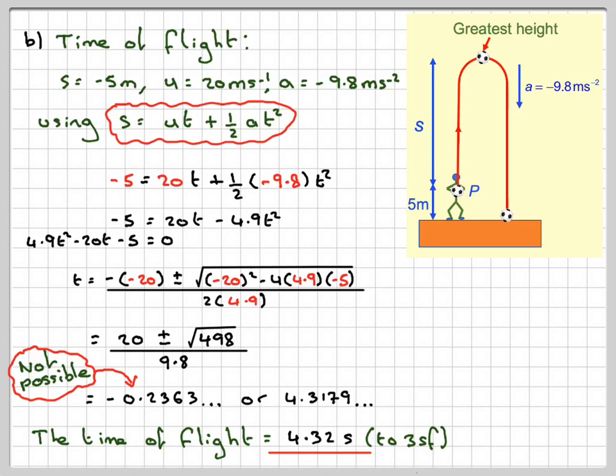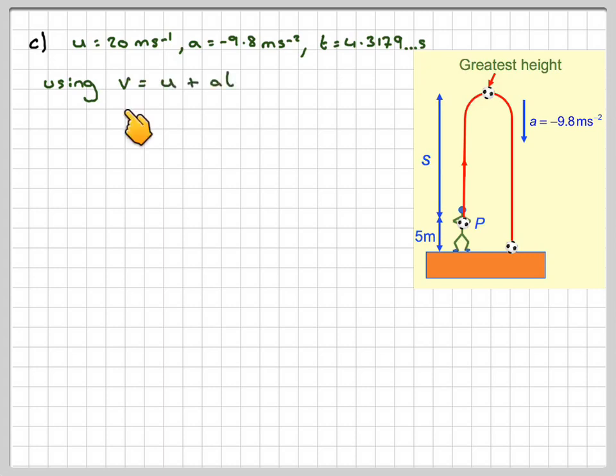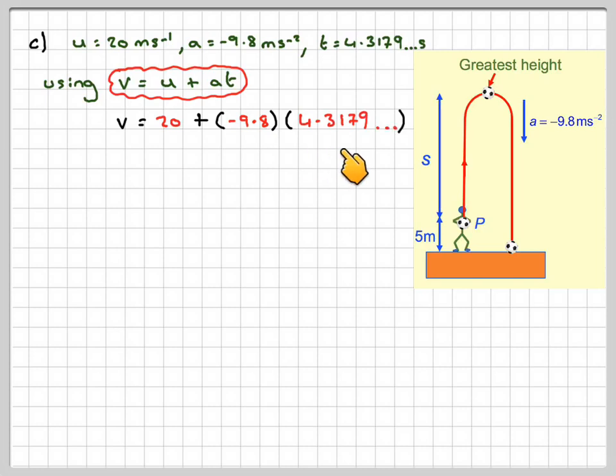Now we're asked for the velocity the ball hits the ground. So taking U equal to 20 meters per second, A is equal to minus 9.8 meters per second squared, and the time of flight is 4.3179 seconds. Now if we use V is equal to U plus AT, we get that V is 20 plus minus 9.8 times the time, which is 4.3179.